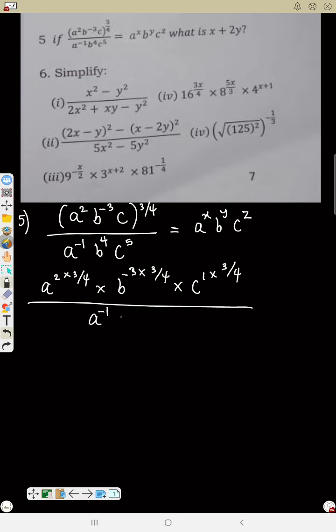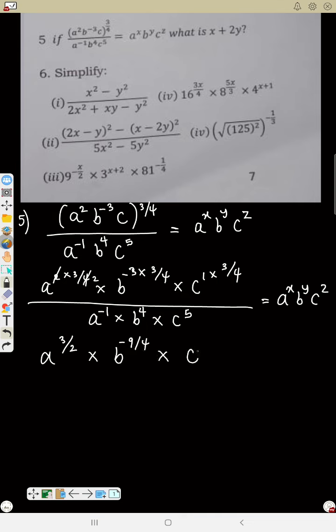divided by a raised to power minus 1 times b raised to power 4 times c raised to power 5 equals a raised to power x, b raised to power y, c raised to power z. So now you can see 2 here 1, 2 here 2. So this is a raised to power 3 over 2 times b raised to power minus 9 over 4 times c raised to power 3 over 4.